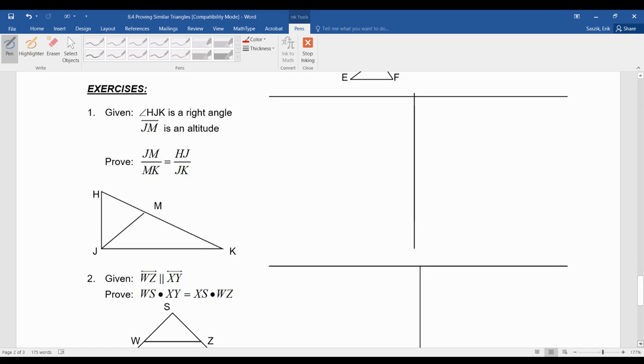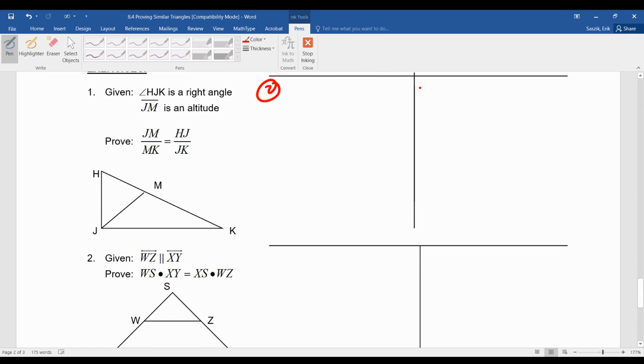You have 3 triangles, right? So which triangles are you going to prove similar? Well, let's take a look at this, you see. So JM, well, that's in both triangles. MK, that's only in the triangle on the right, so I'm probably going to have to mess with the triangle on the right. HJ, well, that's in the big one and the one on the left.